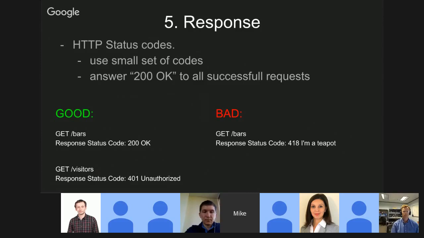But anyway, you shouldn't use the whole dictionary of status codes, because you never will be convenient about what code to send in which situation. So usually select a small set of 5 or 10 codes and use only them.